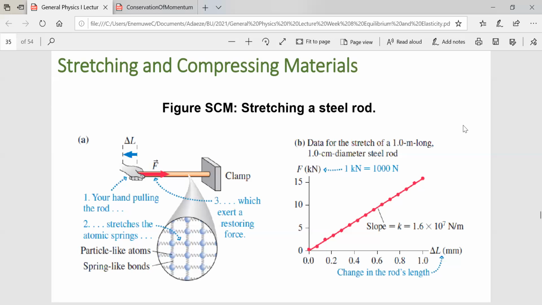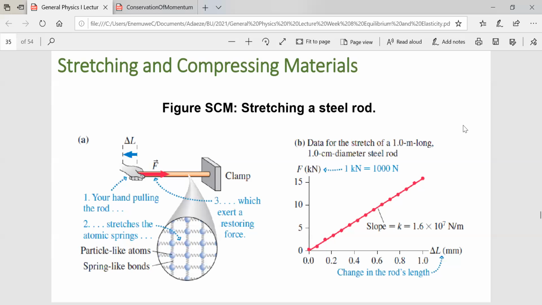Whenever there's such contact, there will be compression, but in terms of a rigid body, it's not as visible as that of the spring, where you can easily see the size changing. But what actually happens to the particles of the rod when there's a force? Depending on whether the force is pushing or pulling, there's actually a kind of compression or enlargement or stretch of the molecules or the particles of that system.